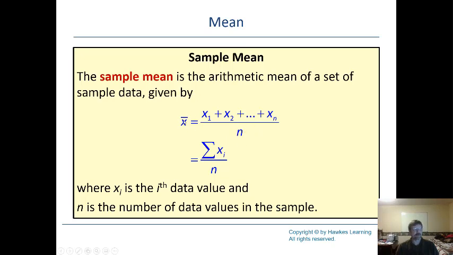We typically denote it with the bar over the top of the value. So x with the bar over it is the mean value. So sum up all the individual values, divide that sum by the number of data points we have, and that's our sample mean.